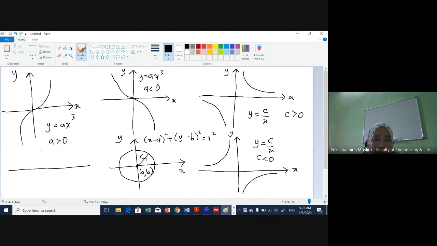Okay, so next we have this kind of graph. We call this an ellipse. So this is a point B, this is negative B, this point negative A, this point for A. So the equation for the function is this one.